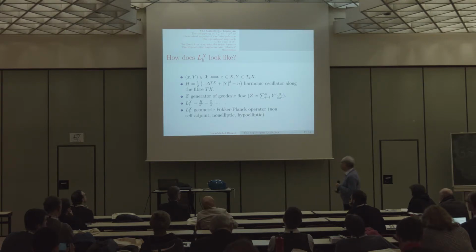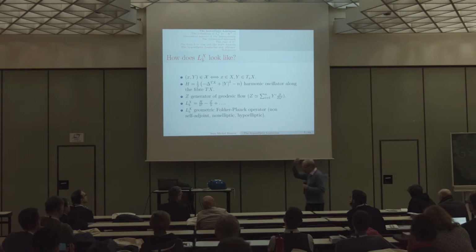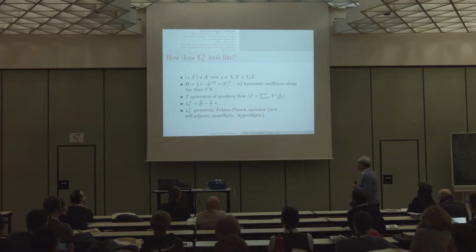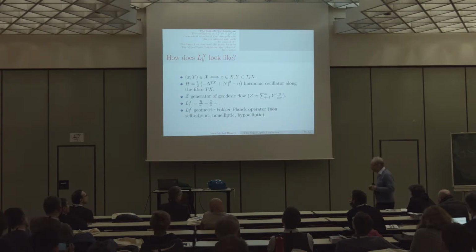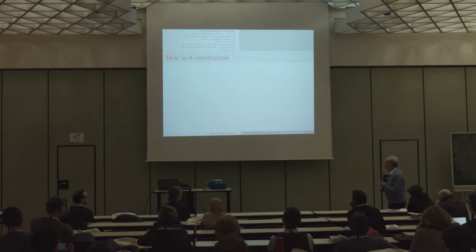It is non-self-adjoint because the vector field Z is non-self-adjoint. It is non-elliptic because it just essentially differentiates twice in the fiber direction, but just once in the base direction. So it is hypoelliptic, so it is a nice operator from the analyst's point of view. In particular, it has a heat kernel. This had been actually, in some sense, a remark made by Kolmogorov in 1934.